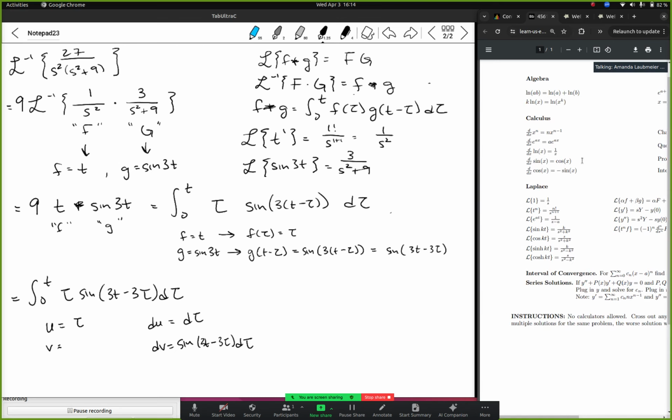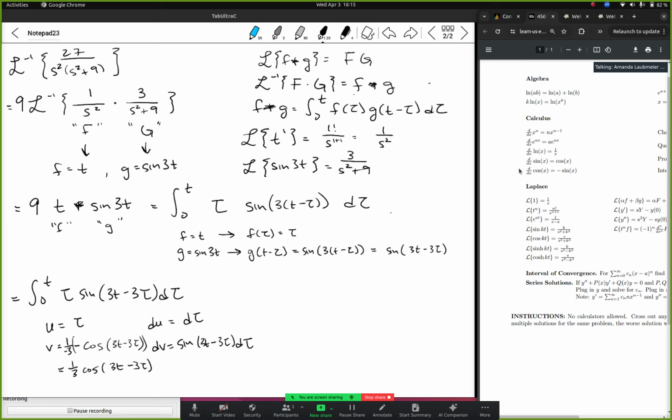When I integrate sine, it becomes negative cosine. But since I'm integrating with respect to tau and I have a minus 3 in front, I'm going to divide that by minus 3. So I think it's going to be just 1/3 cosine of 3t minus 3 tau.